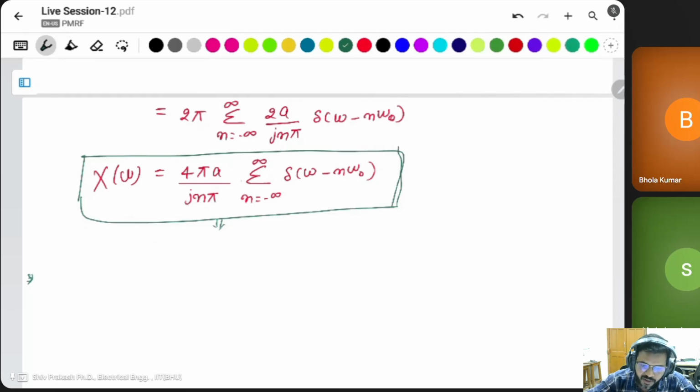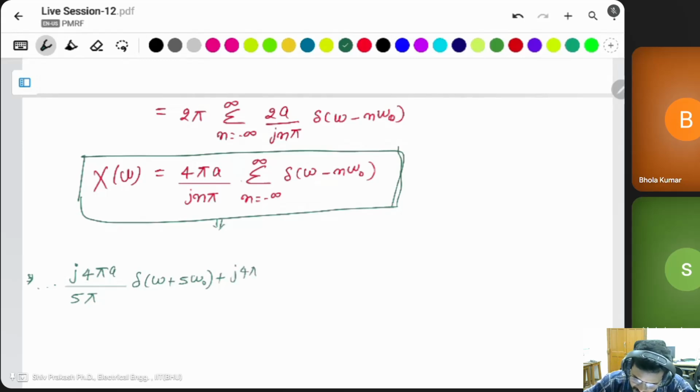If you multiply numerator and denominator by j, then j goes to the numerator. That's why this function will be j 4 pi A divided by 5 pi and delta(omega minus of 5 omega naught). Sorry, for minus 5, this will be plus omega naught. Only odd terms are there, after 5, this will be 3 only.